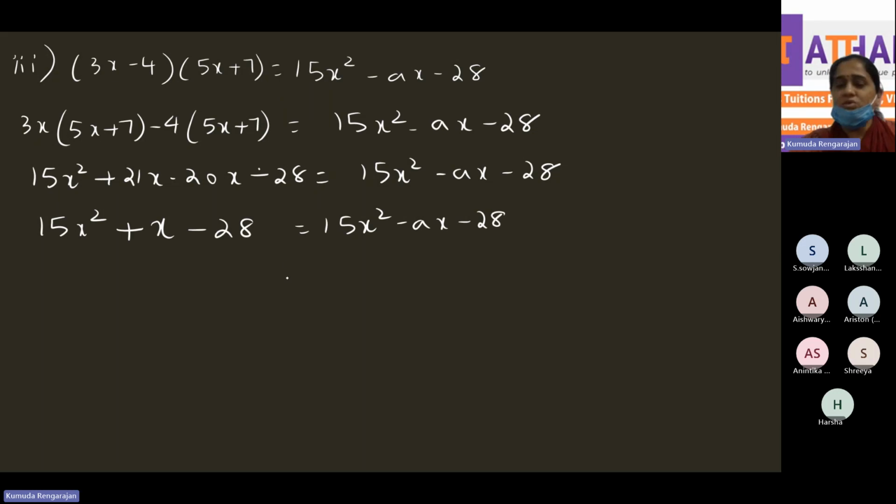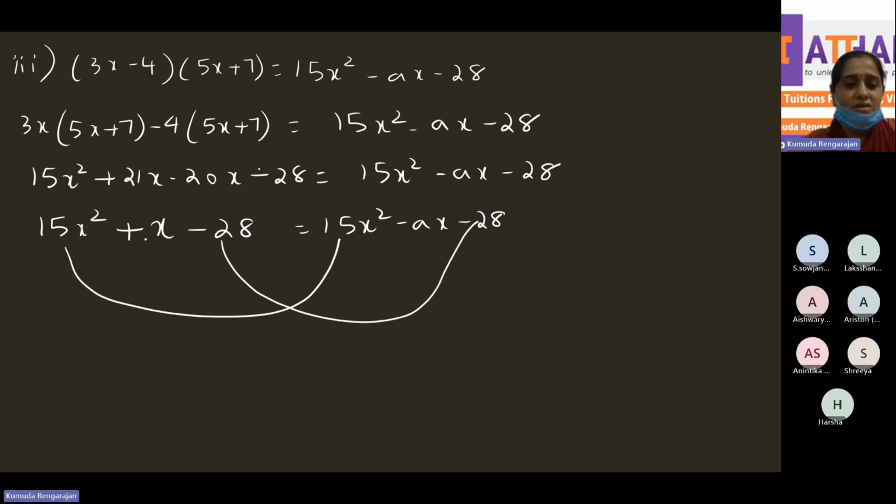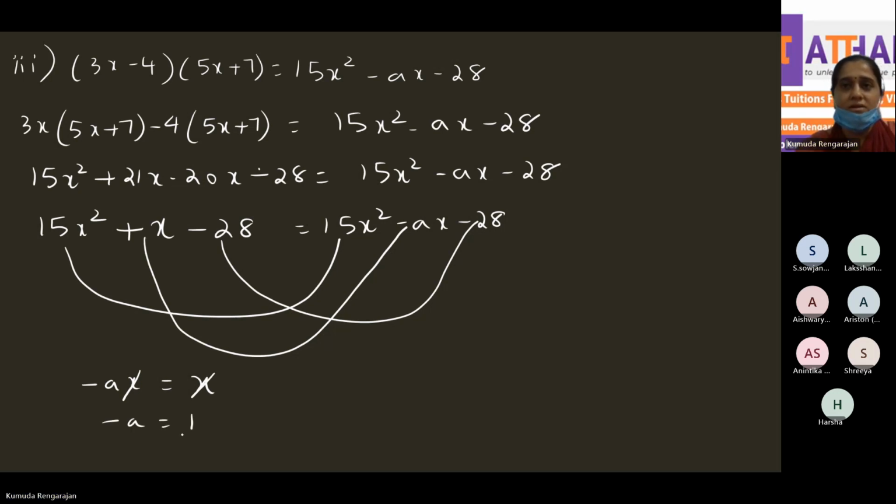Now see the two sides, 15x squared and minus 28 are the same. That means this plus x is equal to minus ax, correct? So minus ax is equal to x. x and x will get cancelled on both the sides. So minus a is equal to 1.